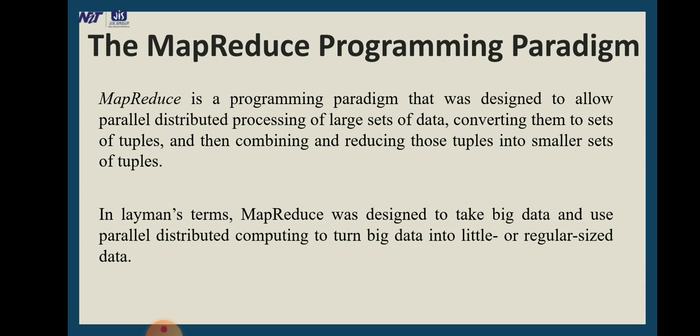Under the MapReduce model, the data processing primitives are called mappers and reducers.